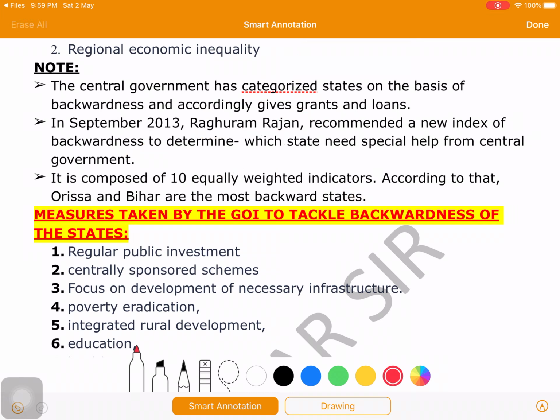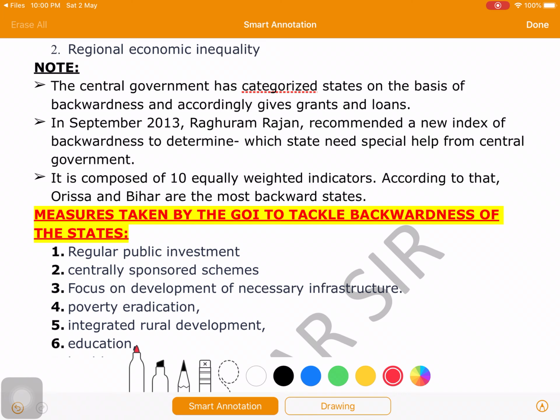Now let us understand the regular policy investment by the central government. Centrally sponsored schemes were also focused on tackling the backwardness of the states. There might be a question in our mains examination: what are the main measures which can be taken by the government of India to tackle this backwardness of the states?